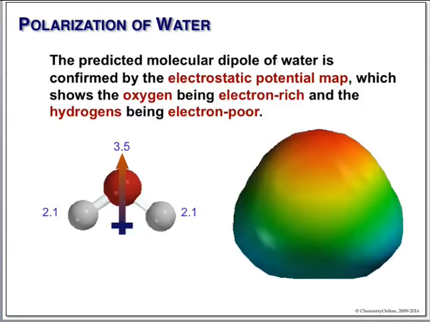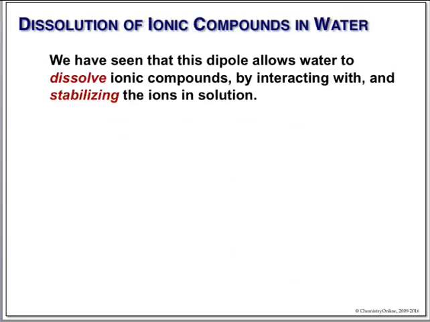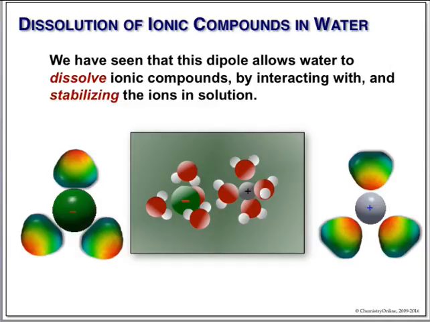Now, we talked about the importance of this in terms of dissolving things. We know that water is capable of dissolving ionic compounds. The way it does this is that it will take the individual ions and wrap around them. For something like a chloride anion, it will take the positive portion of the water dipole and stick it as close as it can to the anionic charge.